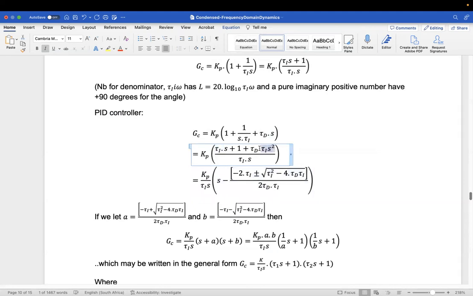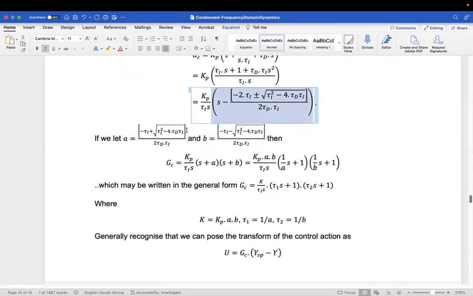So your a part is tau d tau I. So we'll see in the 4ac part, 4 tau d tau I. The b part is tau I. So yeah, it's going to be tau I squared, and then the 4ac, c is 1. So we can just check we've got the standard quadratic form here. And then over 2a. So 2a is 2 times tau d tau I. So those are the roots of the equation.